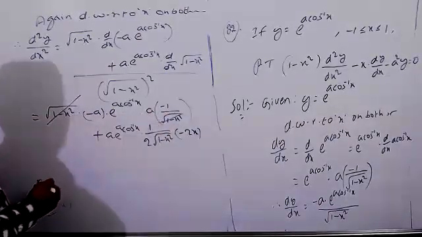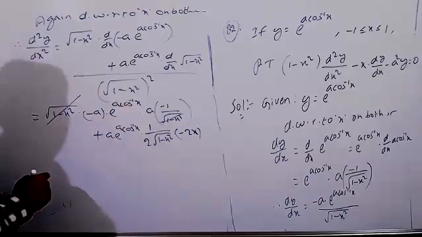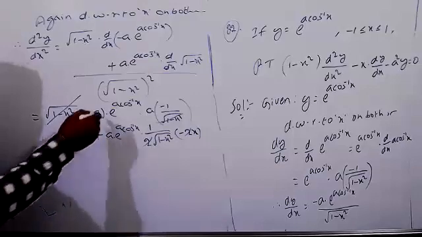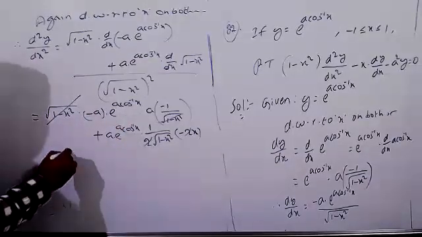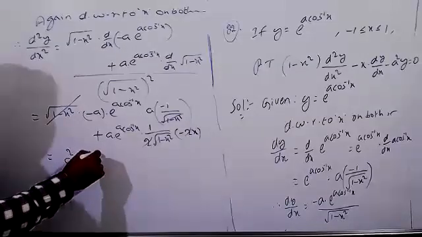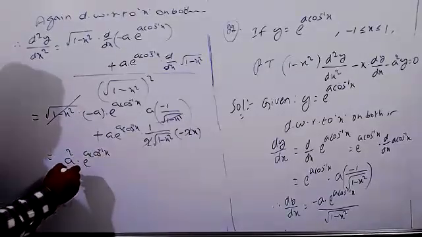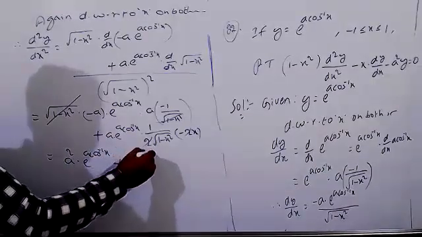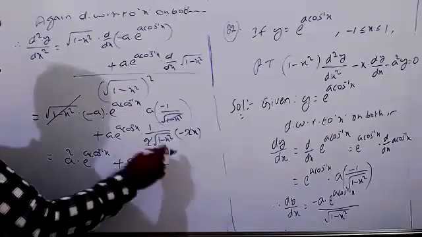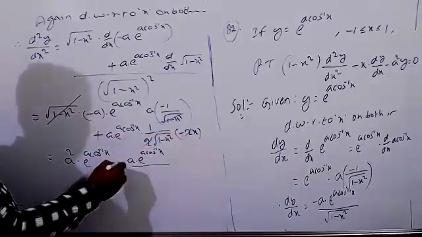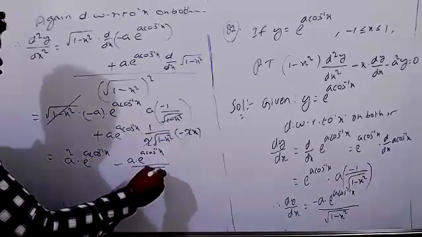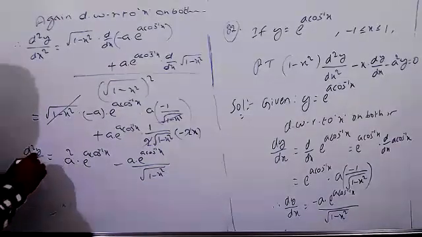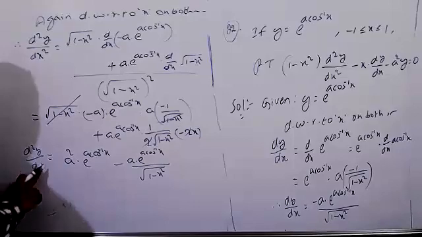So these will be cancelled. Minus into minus equal to plus, and 2 2 also cancel. Both of them, a into a equal to a square into e power a cos inverse of x, and here also plus a into e power a cos inverse of x whole by, plus into minus, minus root of 1 minus x square. So this is the value of d square y by dx square now.